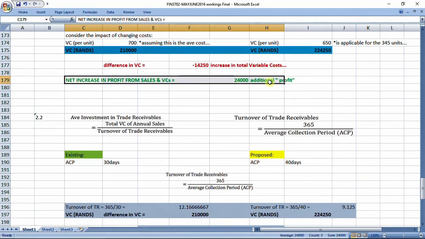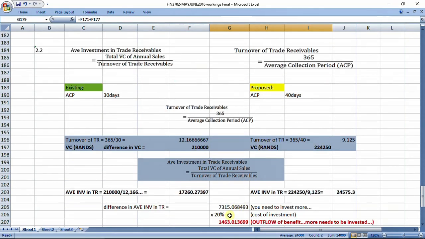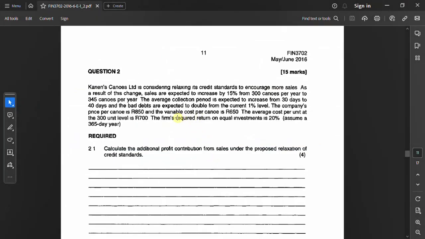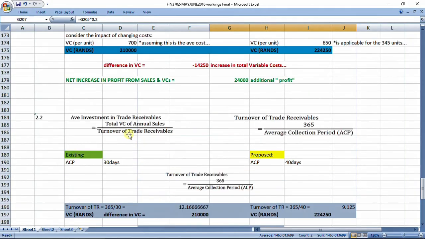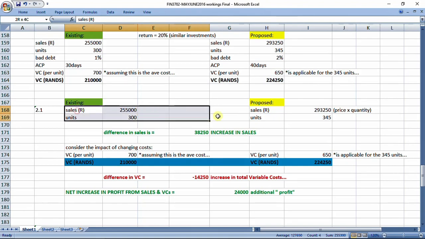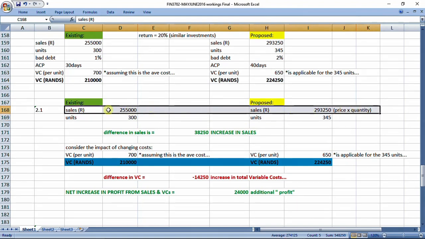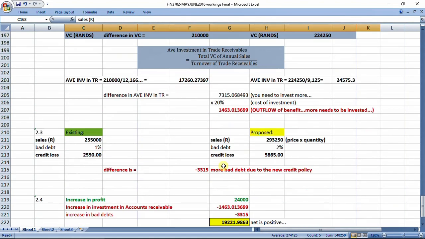Currently, as it stands, in the current situation, I need 70,260 that I have to invest in my average collection period. If I choose to relax the credit policy, then it's going to increase to 24,000. The difference is the marginal, the extra amount that I need.